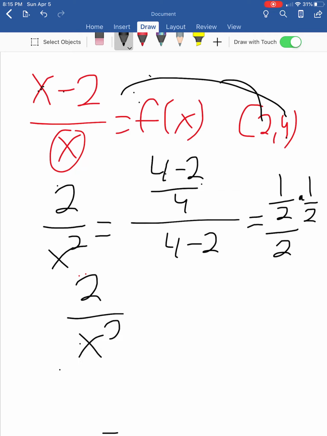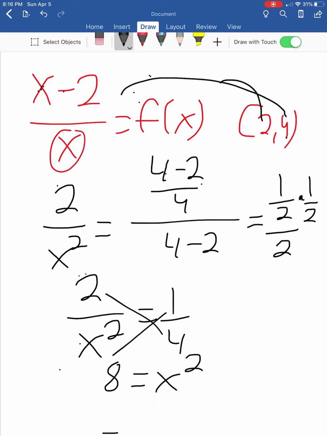So if I solve this for x or C, if you want to use the C, that's fine too. So we just do some cross multiplication, and take the square root of both sides. We get the square root of 8. And if you break down the square root of 8, you'll get the right choice for question number 2.